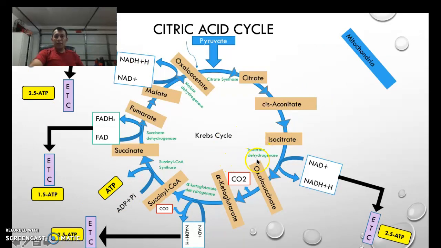Just a quick note here, dehydrogenase, that's where you can see that these NAD and FAD are essentially being catalyzed, and they're going to the electron transport chain. For the FADH2, 1.5 ATP get produced, versus NADH, where 2.5 ATP get produced.